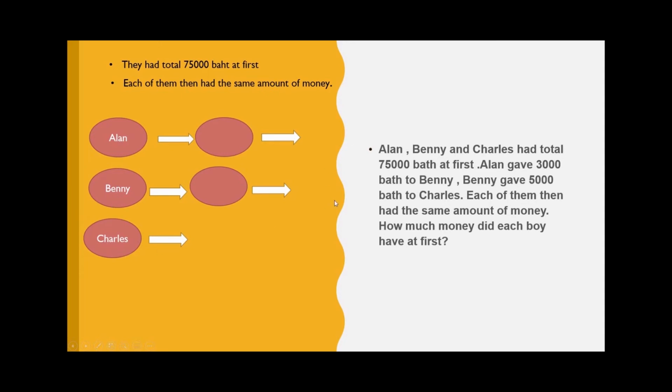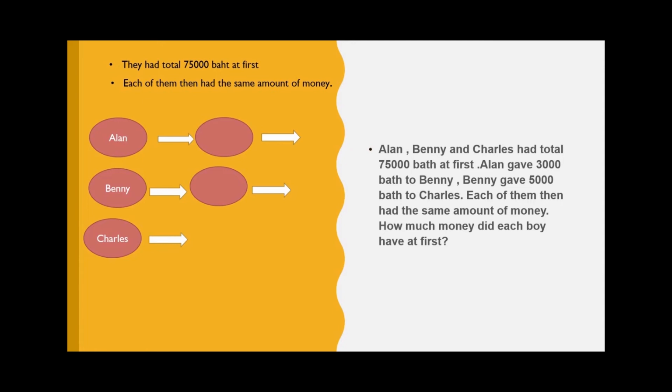We know that Alan, Benny, and Charles had a total of 75,000 baht altogether. Even after Alan gave 3,000 baht to Benny and Benny gave 5,000 baht to Charles, they still have 75,000 baht altogether, because they didn't spend the money on anything. They just exchanged it between themselves.